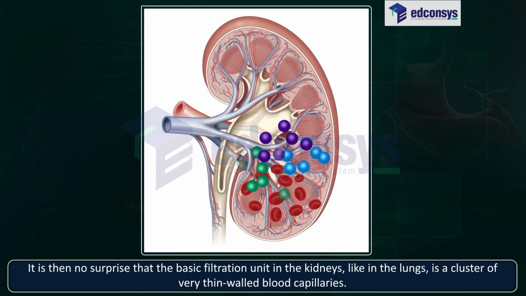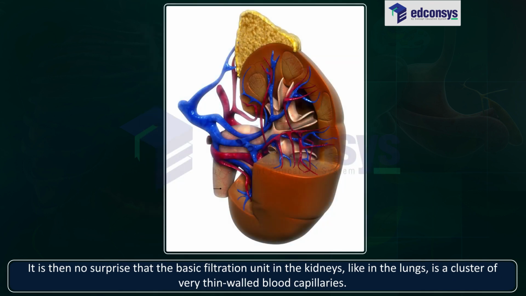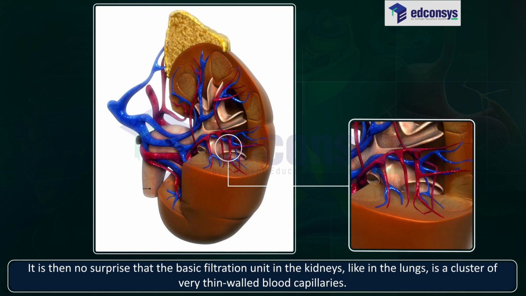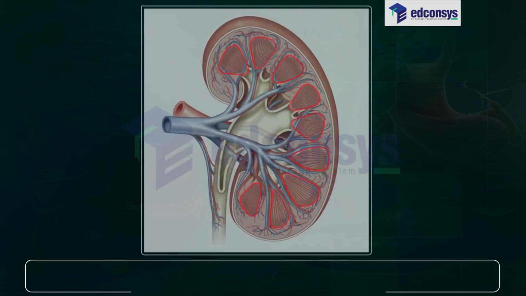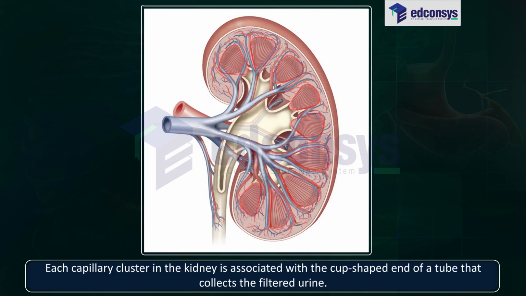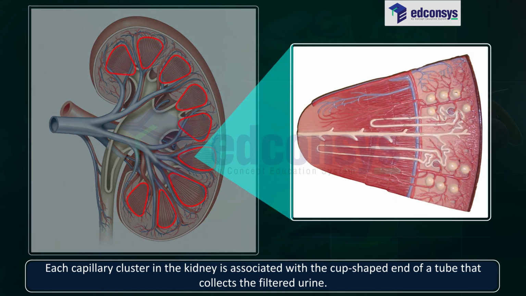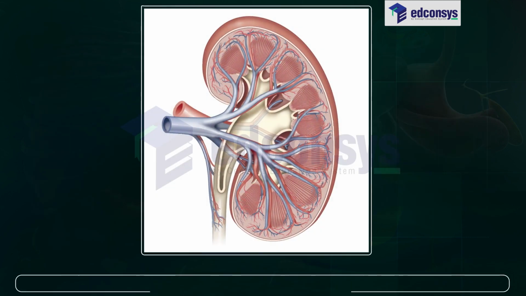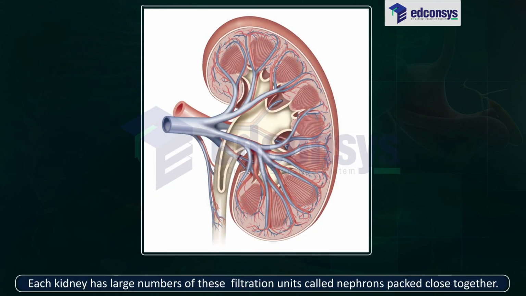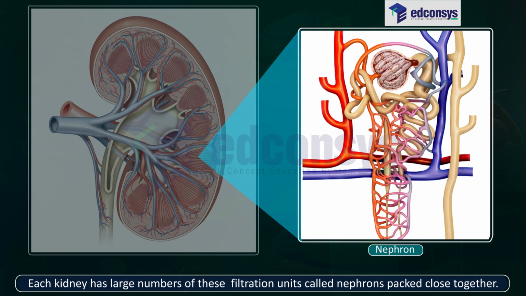It is then no surprise that the basic filtration unit in the kidneys, like in the lungs, is a cluster of very thin-walled blood capillaries. Each capillary cluster in the kidney is associated with the cup-shaped end of a tube that collects the filtered urine. Each kidney has large numbers of these filtration units called nephrons packed close together.